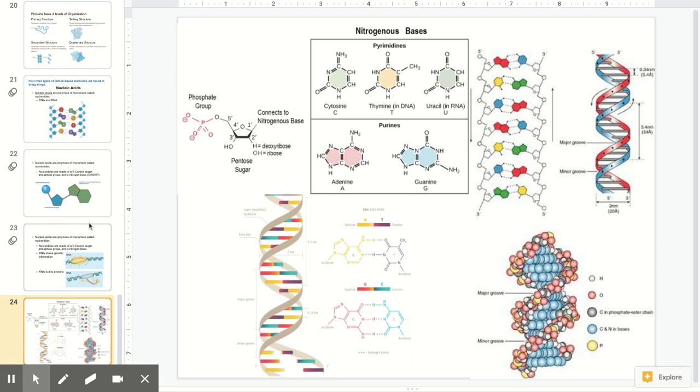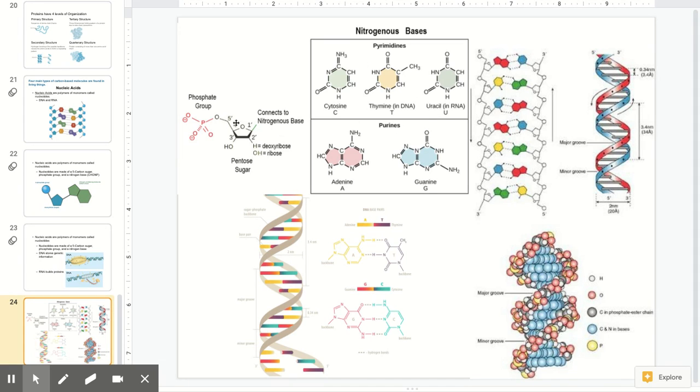Here in this last little image, I just wanted to incorporate it because it looks deeply into the nitrogenous bases and their chemical structures, where you can see the carbons, nitrogens, hydrogens, oxygens interacting in the bases.